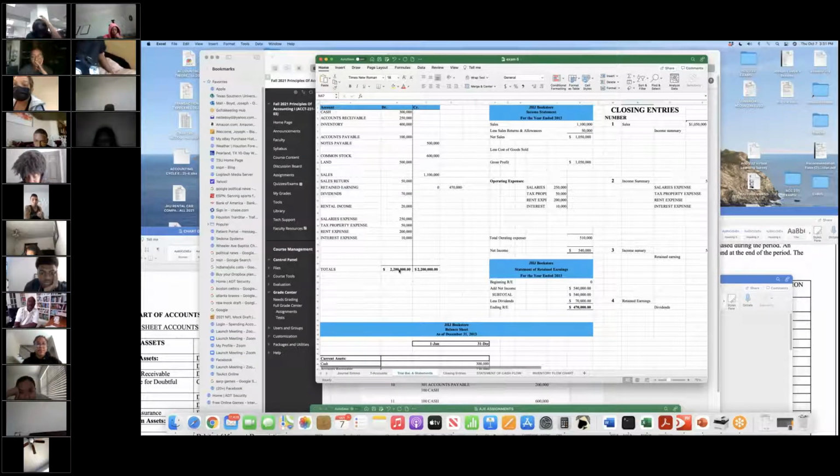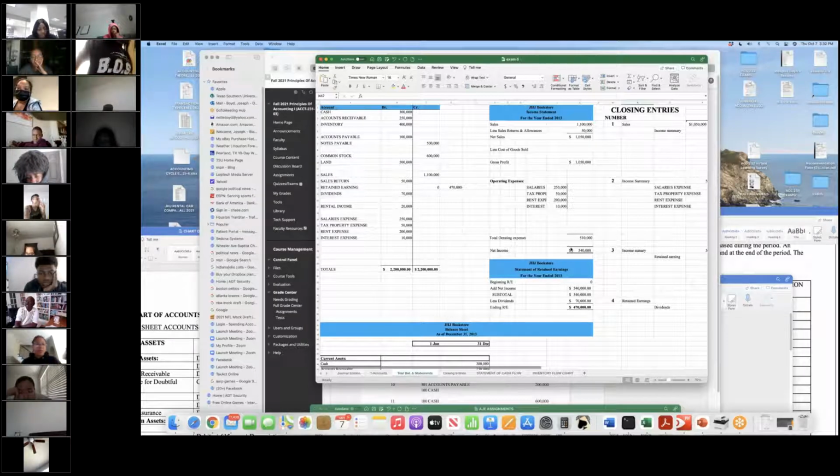Anytime your trial balance is balanced, then you should be balanced. So sometimes that happens. Total operating expense 510, so the net income should have been 540. So make a note of that.